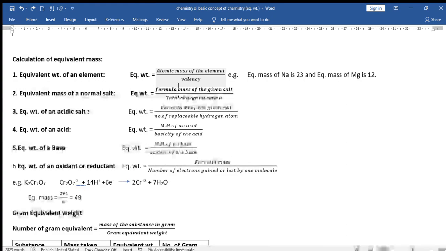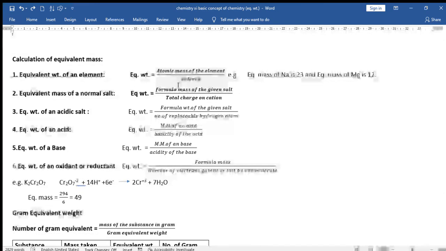Similarly, in the case of ferrous oxide FeO and ferric oxide Fe2O3, iron shows variable valency. In the case of the ferrous ion, we write the atomic mass of iron, that is 56, divided by valency 2.